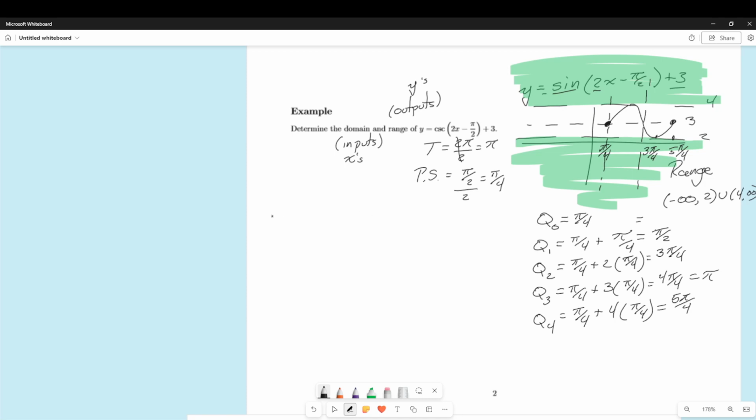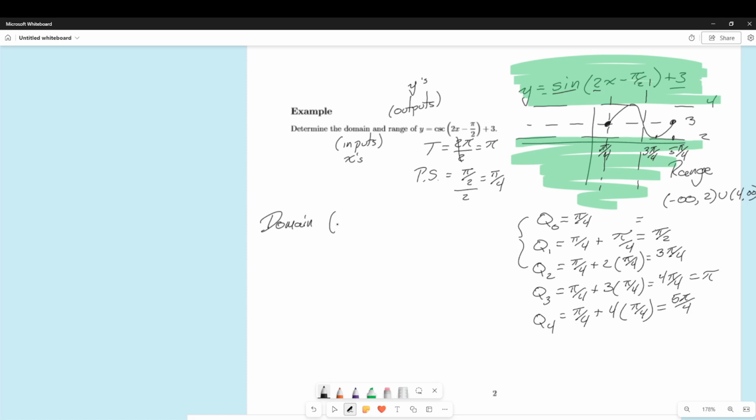So our domain is going to try to go from negative infinity to positive infinity, but it's going to have a hole in it every 2 periods. 2 periods is pi over 2 in this case.